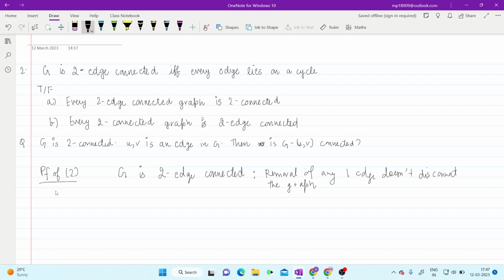So now suppose G is 2 connected. Why do you think every edge lies on a cycle? So we are given that G is 2 connected.